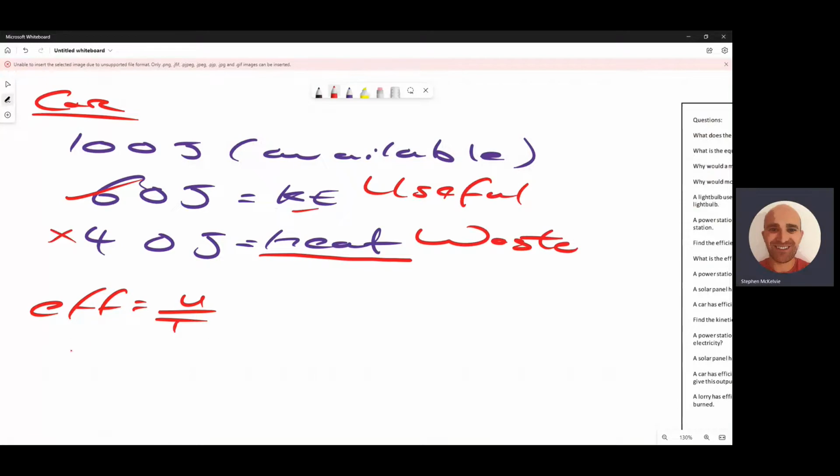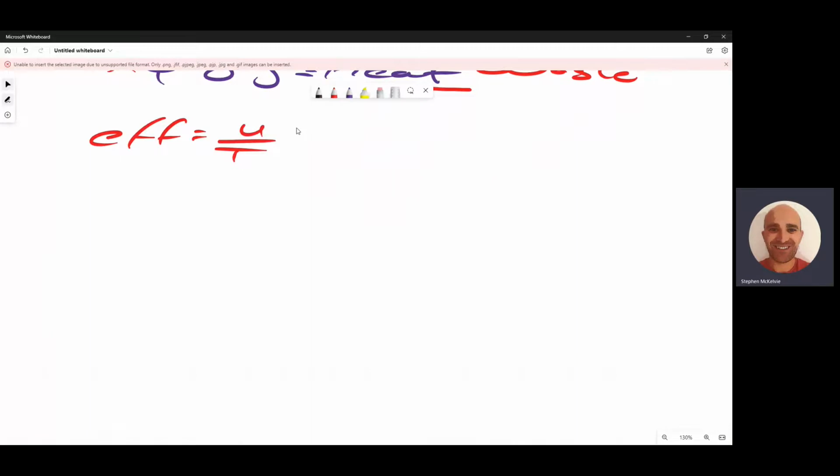Efficiency then, reminder as well, Ms. Calvert should have told you, I'm going to say it for you again: when you're doing any kind of maths, we have to follow the same method. On the left-hand side, you collect terms. What does that mean? We get our pen and say, there's a certain amount of efficiency. I don't know what that is, but I have to calculate it.